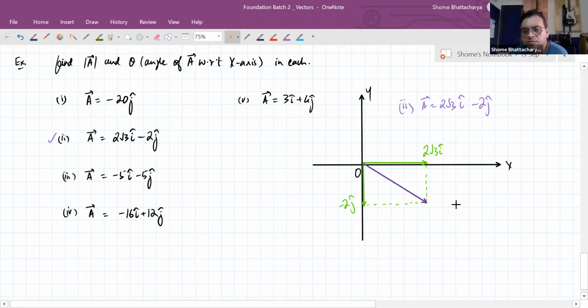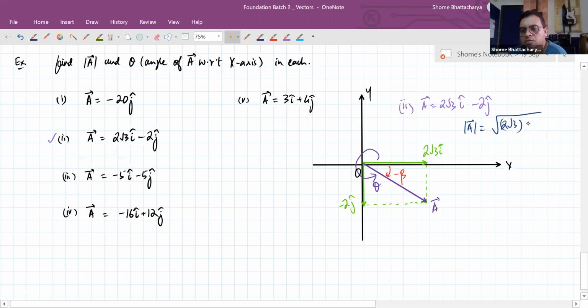This will be this vector. Now you can see this is the angle theta we are talking about, or we can also write it as this. Okay. So you can see that the magnitude of this vector will become 4.